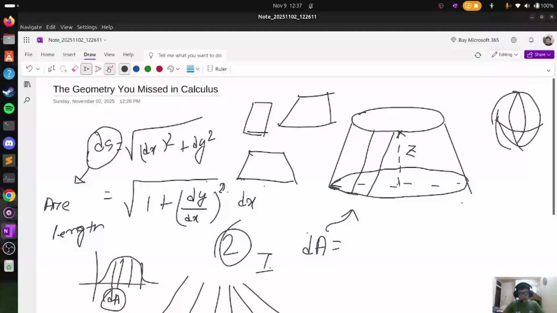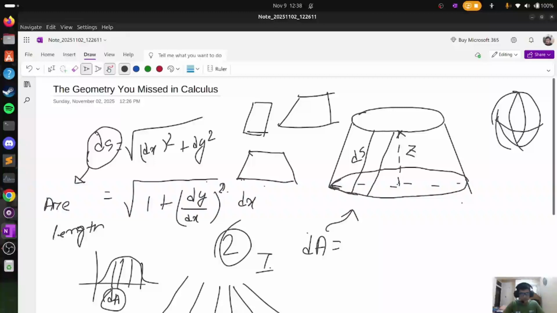Height gives us the minimum distance between these two sides. And these slant lines will give us the minimum distance between these two surfaces, right? We'll use the slant line from here, and we will call this slant line ds. This is the length of an arc.